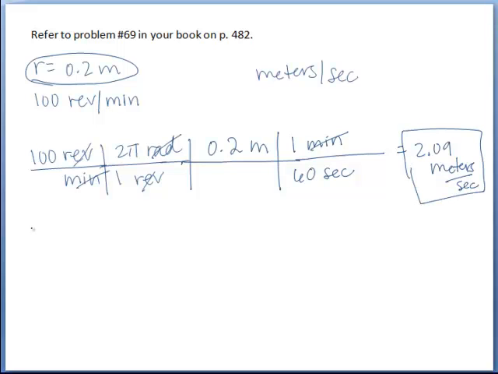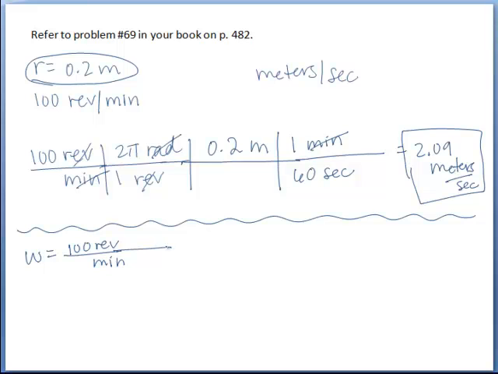Okay, if that way doesn't make sense to you and you like using the formulas, what you could do is first find your omega. Omega is going to be 100 revolutions per minute times 2 pi radians per 1 revolution. And your omega comes to be 200 pi radians per minute. And then we want to use V equals R omega, which is going to be the speed of the current, the linear speed.